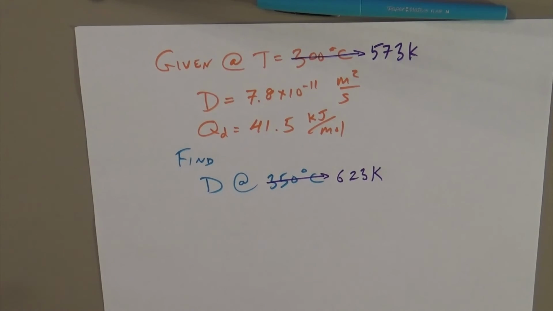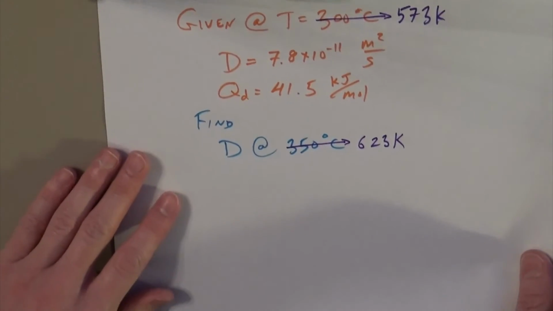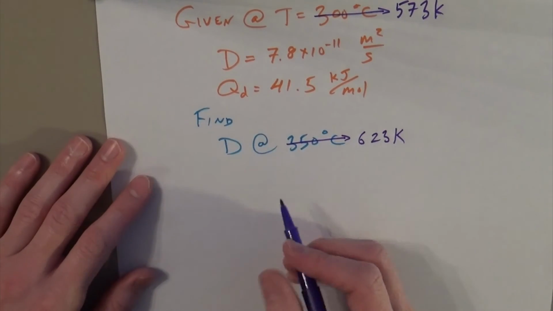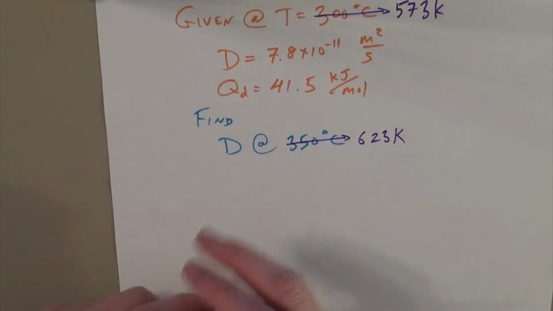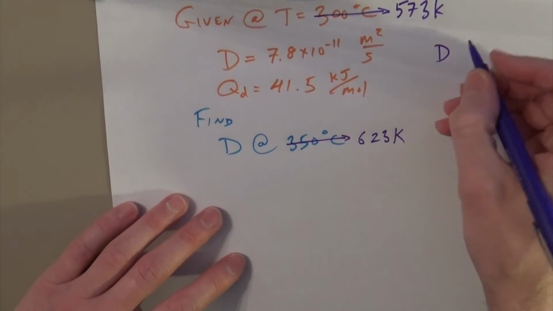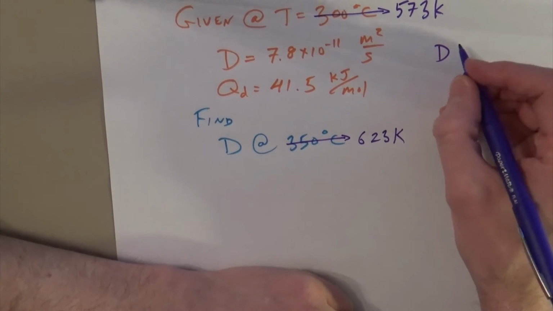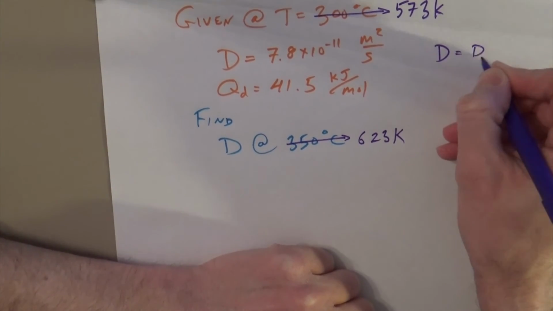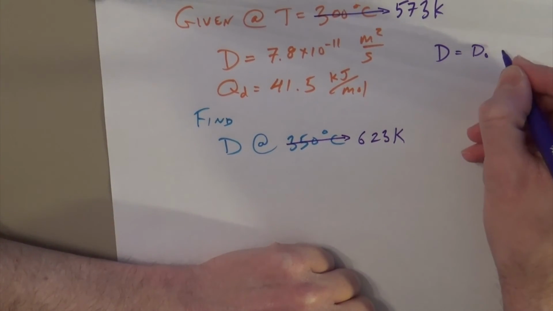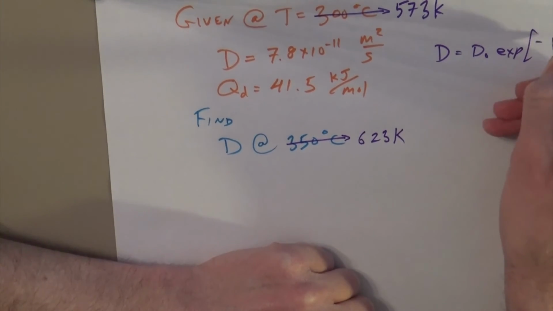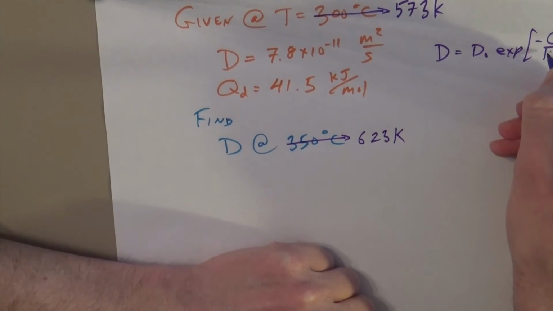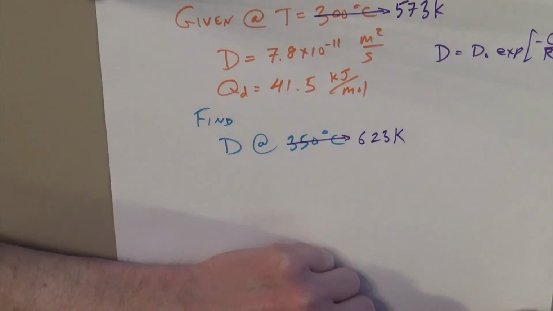We have, excuse me, the Arrhenius relationship, which I'm going to write over here. D is equal to D0 exp negative Q_D over RT.